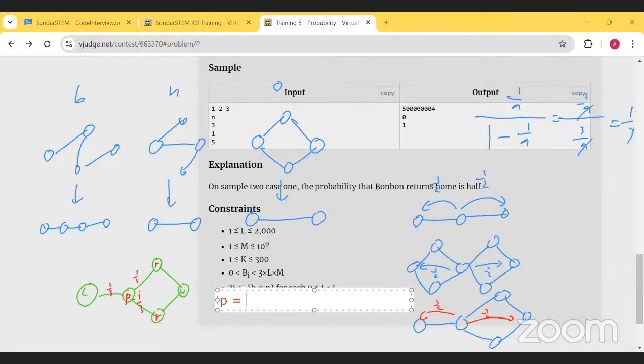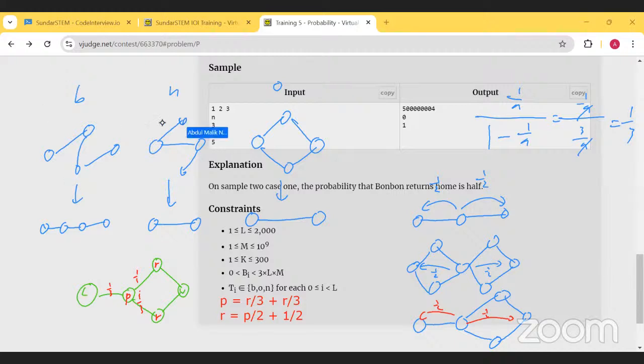And we know that P is equal to R divided by 3 plus R divided by 3. And then R equal to P divided by 2 plus 1 divided by 2. Okay, that's right. Why?